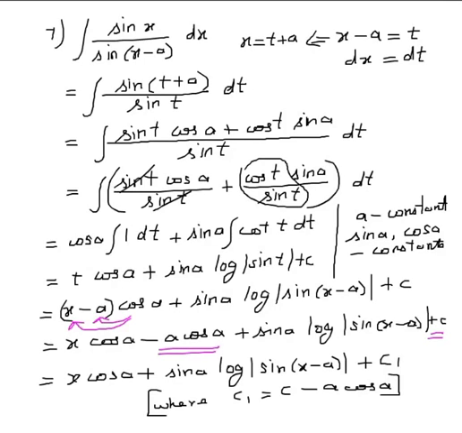You may do this question without substitution also. You can write the numerator sin x as sin of x minus a plus a and then use sin a plus b formula. In that case, you will get the direct simplified answer. So here we have combined the constant terms and we have given it as one constant.